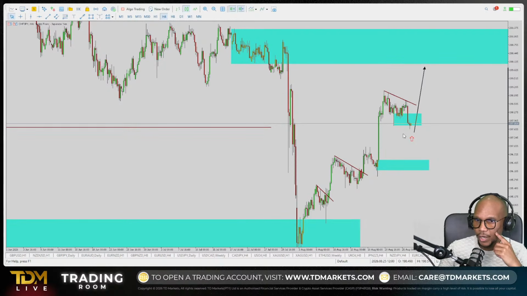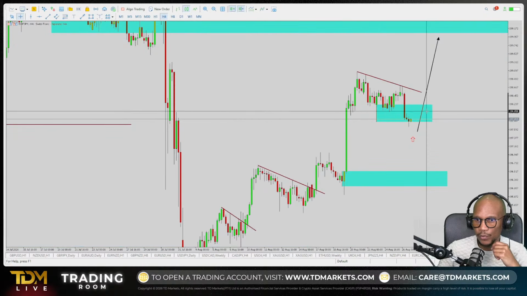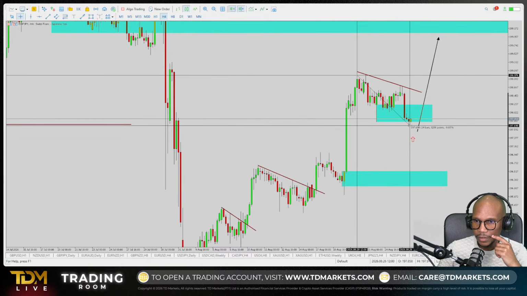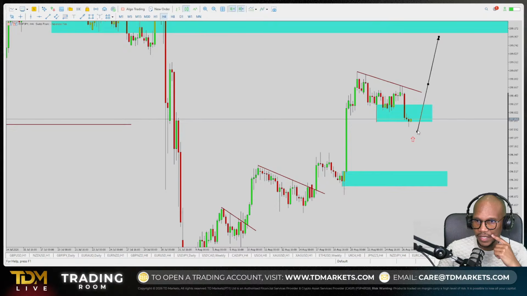So I wouldn't be surprised if today the yen pairs are correcting, and then tomorrow, only tomorrow, that's when we get our continuation up. Like Swiss yen, I wouldn't be surprised if this corrects, and then after that it moves towards the upside, but tomorrow, right? So yeah, corrections tend to take a bit of time. So that's Swiss yen.